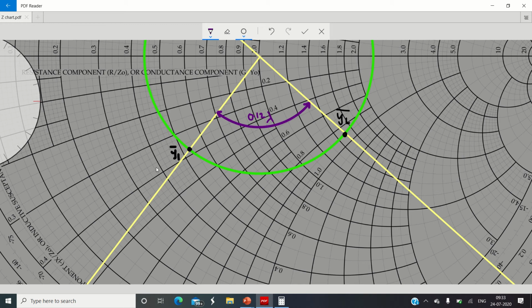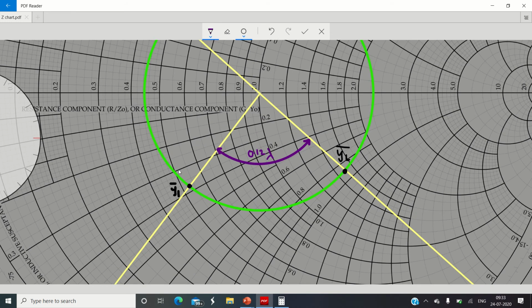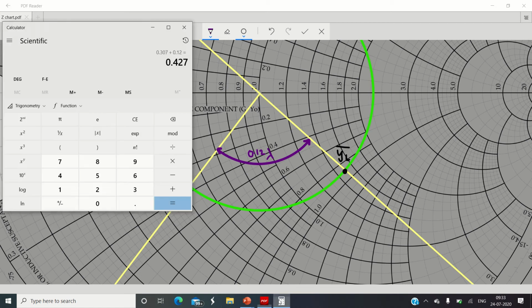Okay, so we need to read the value of admittance at point number 1. The admittance is approximately, if you trace this conductance circle, if you go on a real axis in this way, it is between 0.5 and 0.55. Okay, so here the value I got is between 0.5 and 0.55.